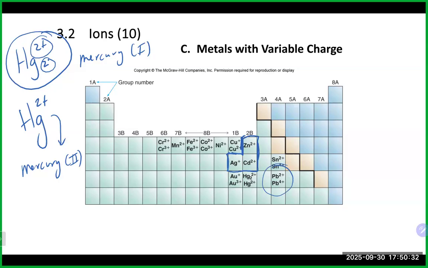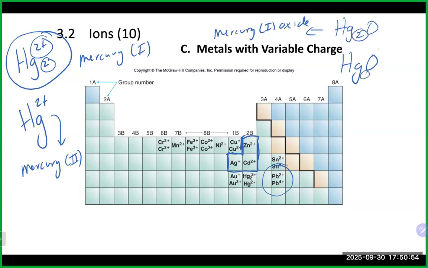How do you know it's mercury(I) versus mercury(II)? If you see it in a formula, typically the 2 on the bottom still hangs out. So for example, you've got something like this versus something like this. This is mercury(I) oxide, as you have that 2 on the bottom.